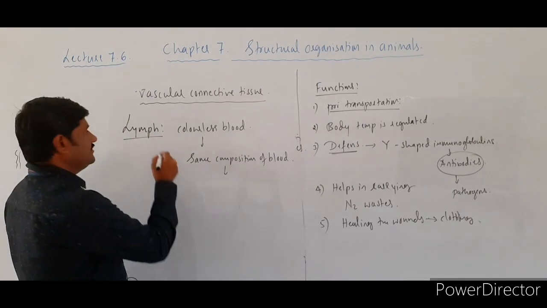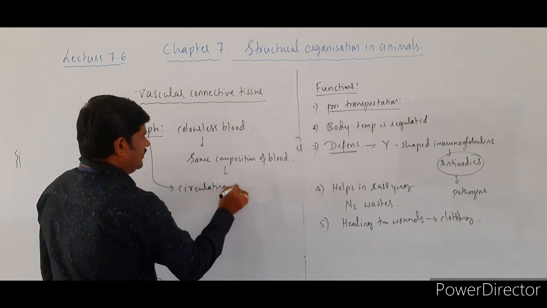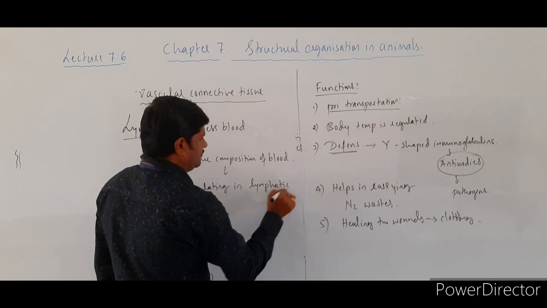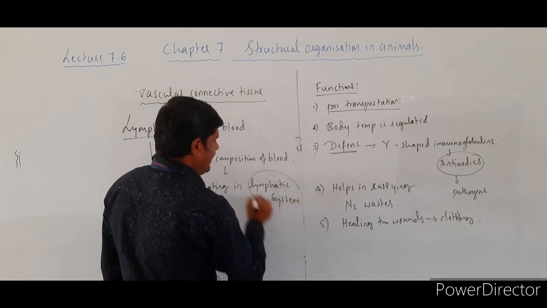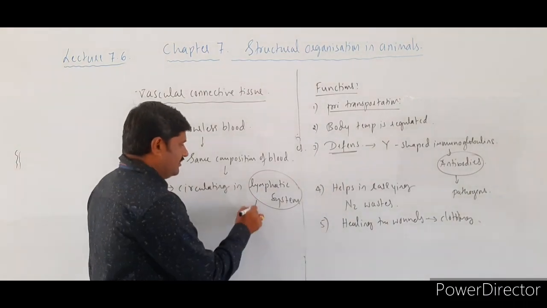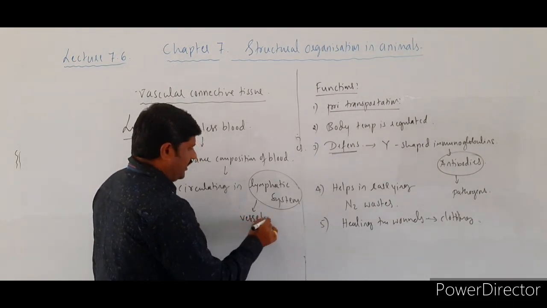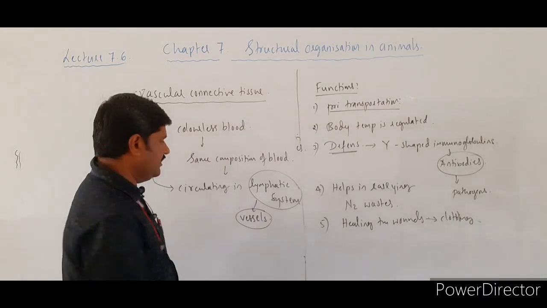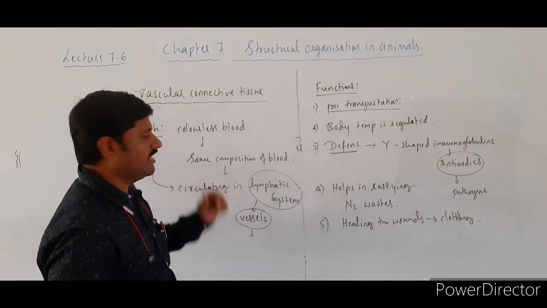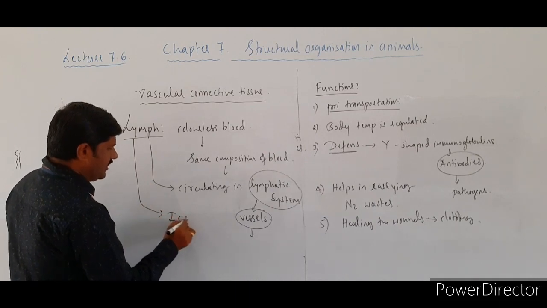Lymph circulates in the lymphatic system, which we will study in another chapter. It flows through lymph vessels and through lymph nodes also. It is nothing but colorless blood, as it also flows in the intercellular spaces.